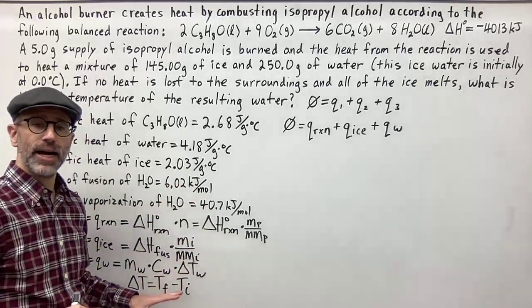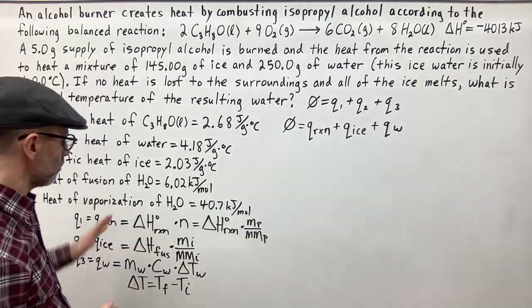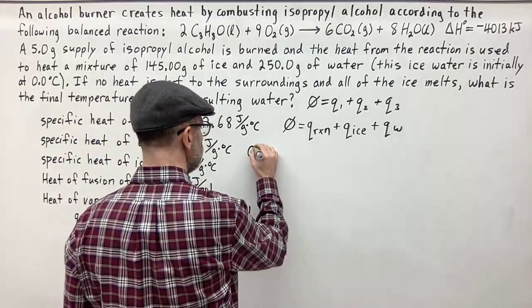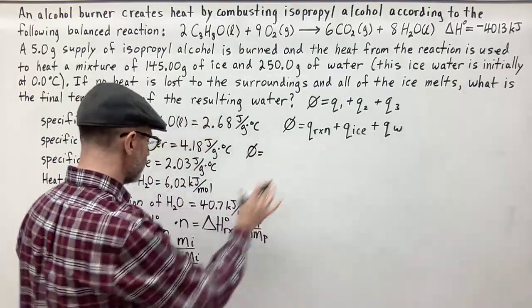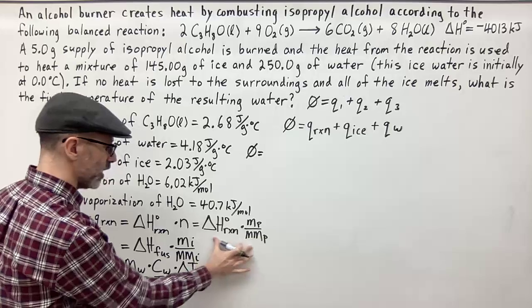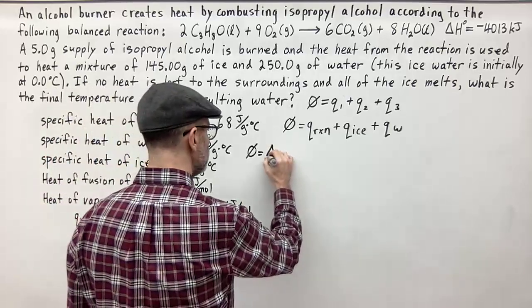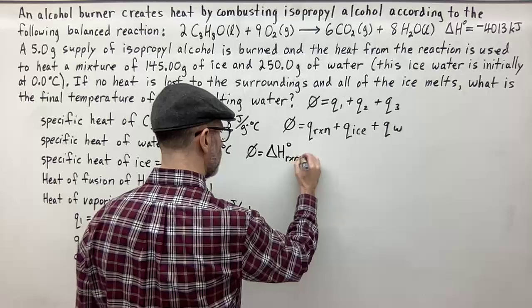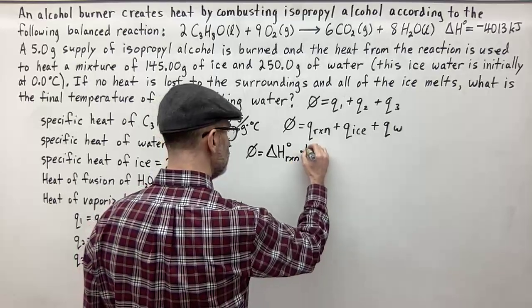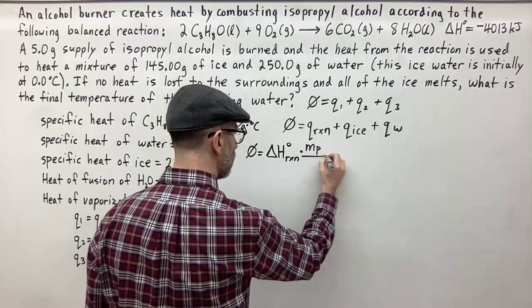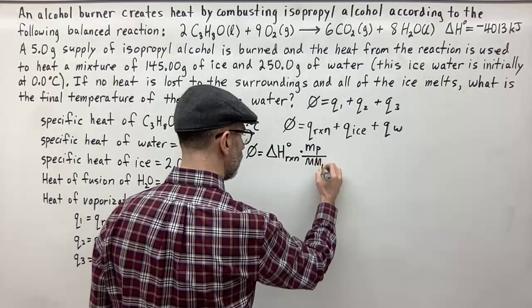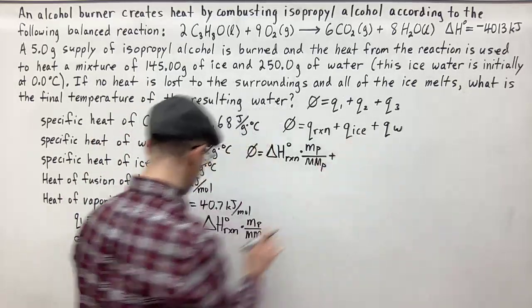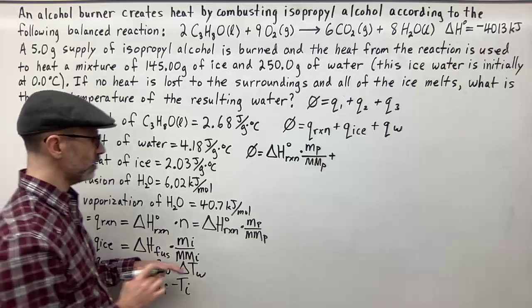Now that I have my formulas, I can plug everything in. So here, 0 is equal to Q of the reaction, which is going to be this here. So it's going to be ΔH, standard enthalpy of the reaction, multiplied by the mass of the propanol divided by the molar mass of the propanol, plus Q of the ice, which is the heat of fusion, right?